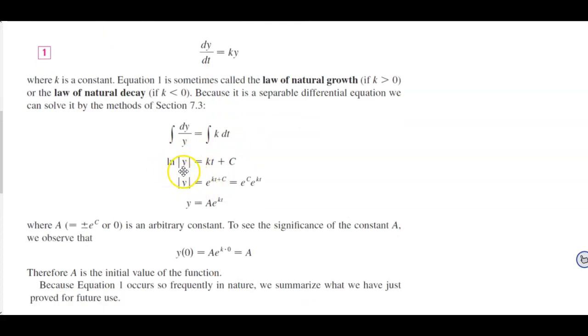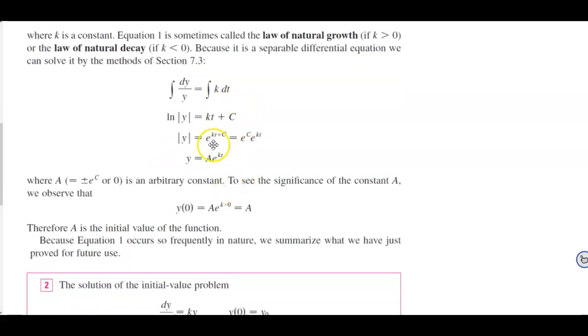So we end up getting the natural log of y equal to kt plus C. Rewriting this using logarithmic properties, we have the absolute value of y equal to e to the kt plus C, and we can rewrite that as e to the C times e to the kt. So e to the C is going to equal a constant, so we're going to call that A. So here we have y equal to A e to the kt, where A can be equal to plus or minus e to the C, or possibly 0, an arbitrary constant.